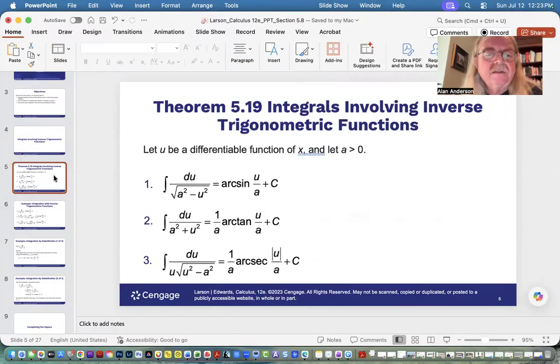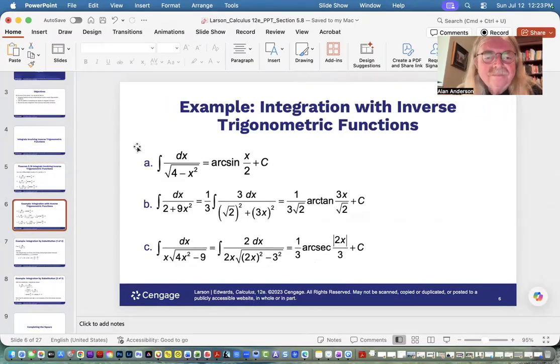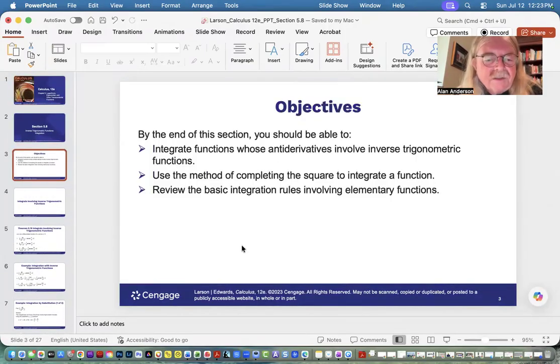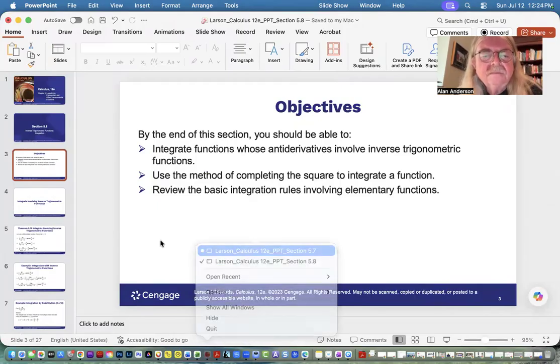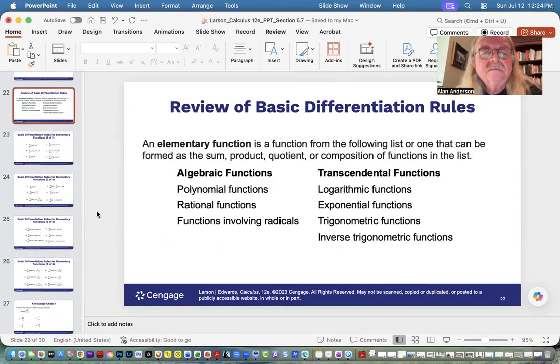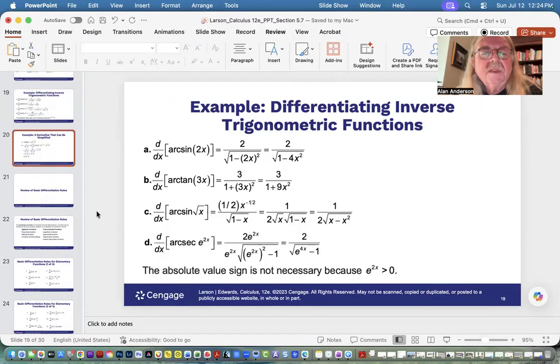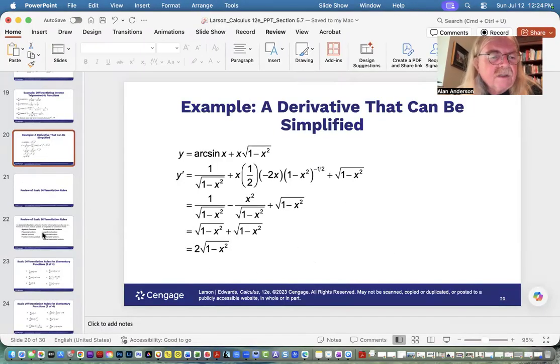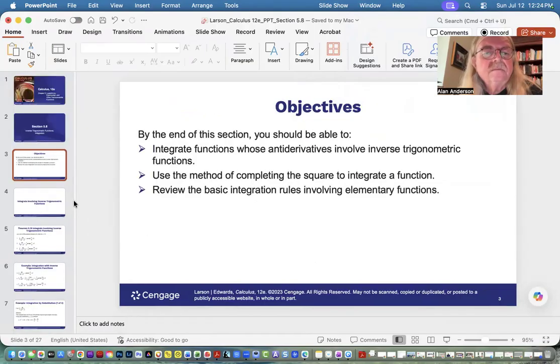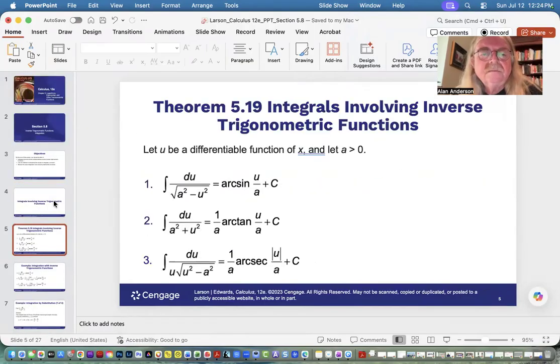Let's go back and look at it. Oh, it was in the previous section. Oh, wait, no, it wasn't. It was here. Hold on. There it is. Okay.